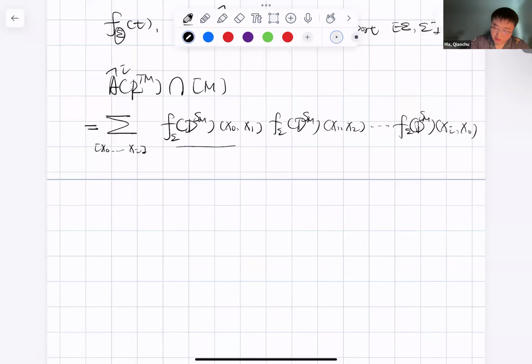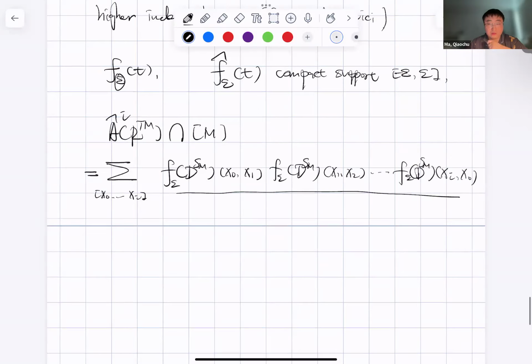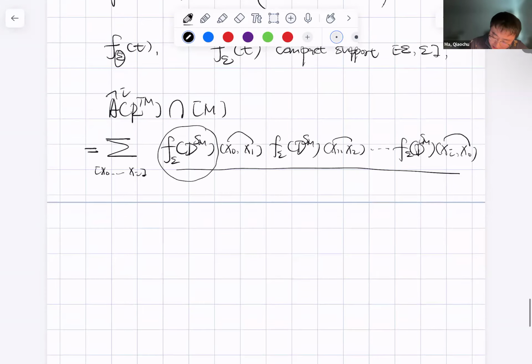It's like a cycle. So you have such a function, and you can do functional calculus for the Dirac operator, and this operator is a kernel operator. So you can take the kernel from x0 to x1, x1 to x2, x2 to x3, till the end x_i and go back to x0. So this is the summation, and this is just the coefficient. I should take the trace.